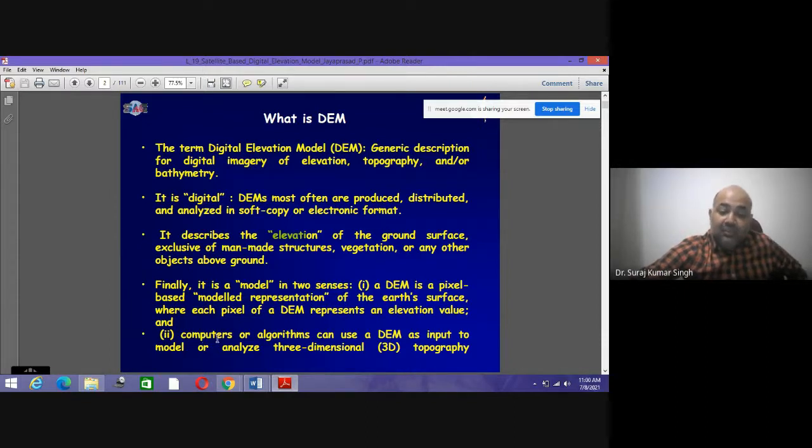Secondly, computers and algorithms can use a DEM as an input to model or analyze the 3D topography. If you want a 3D representation of an area, you want to know the height of the area, you want to see the topography, the slope, the aspect, then unless you have a digital elevation model, you cannot generate the slope, the relief map, the shaded relief map, or the aspect map.